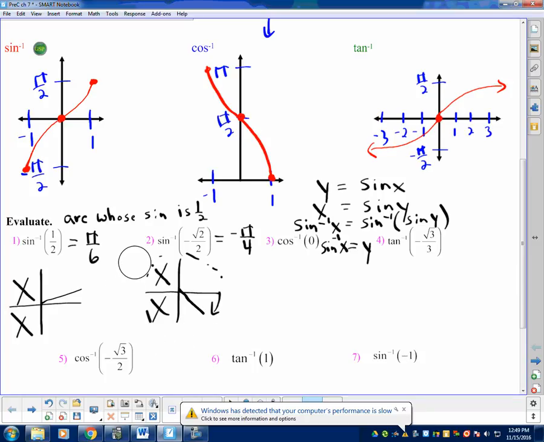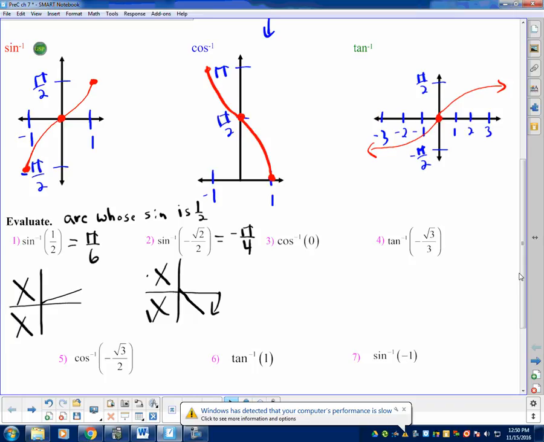Okay. Let's try a few more here. I'm going to erase this. What about inverse cosine? I'm going to X out. So I want you to tell me the arc whose cosine is 0.